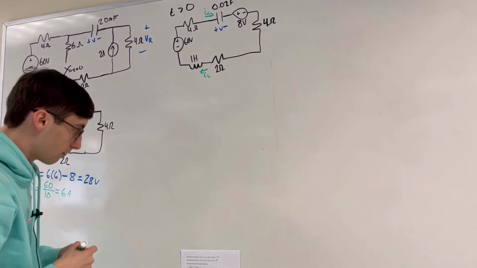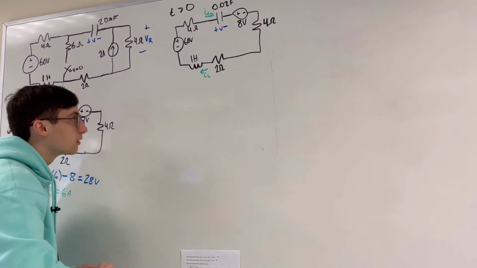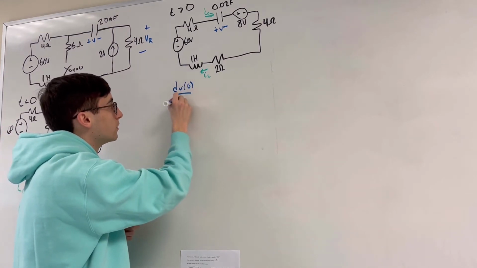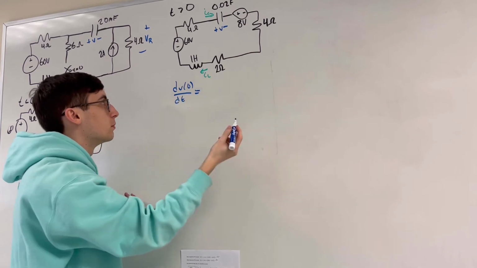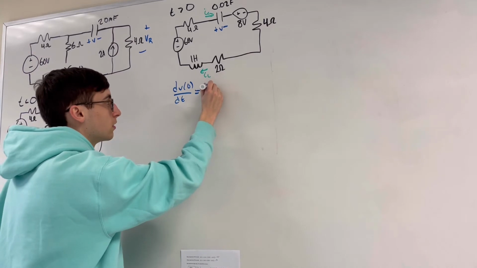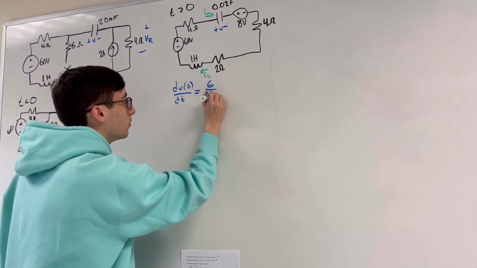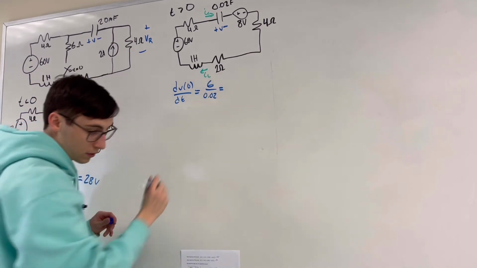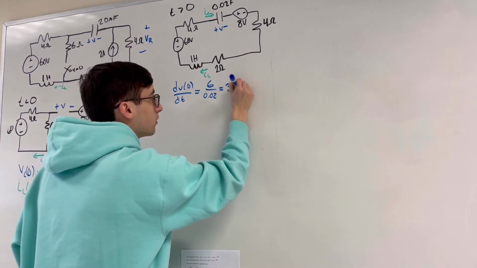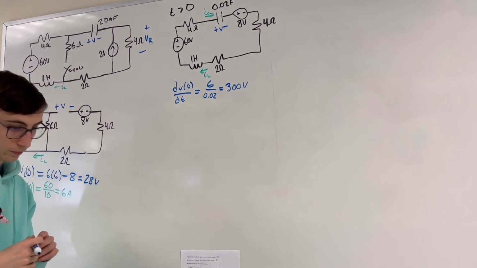So finding dV of 0 over dt is just going to be simply IL, which we know is 6 amps, over 0.02. And that is going to be equal to 300 volts per second.